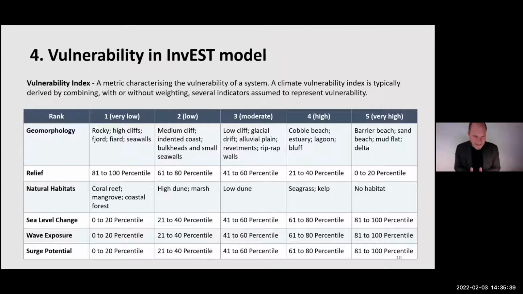So a climate vulnerability index is typically combining a group of indicators. Sometimes, as here, you can weight them, you can compose several indicators to represent vulnerability. Again, I remind everyone that this is an exercise, it's a metaphor. The better the metaphor illustrates and represents reality, the better we will be able to analyze those variables.